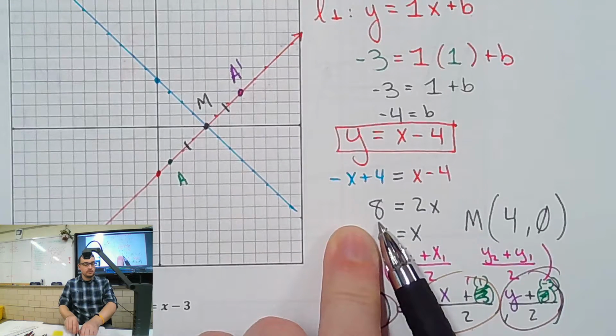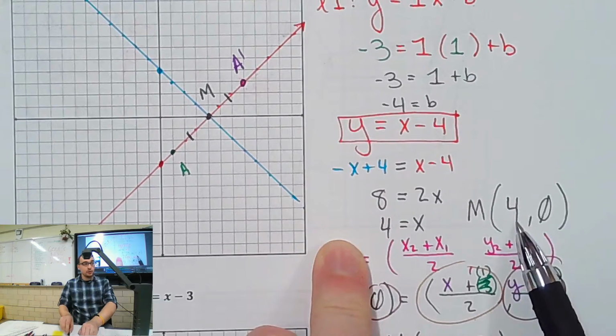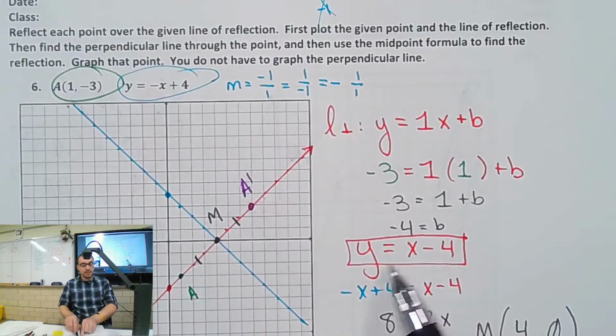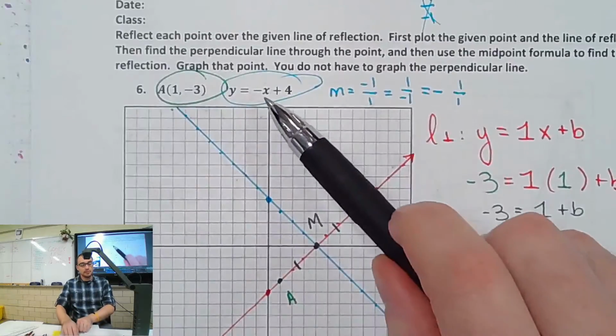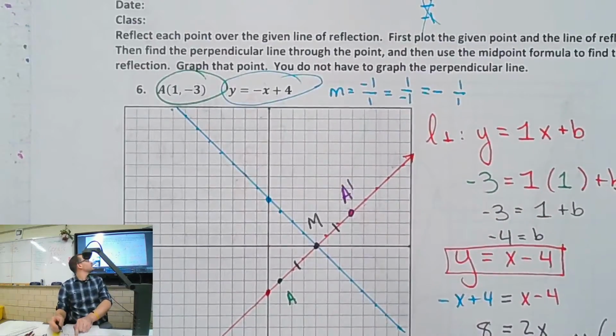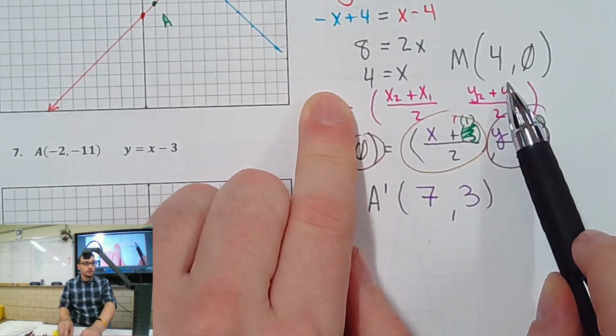I'm going to divide by 2 and get 4. So I know they intersect at 4 comma something. I take that 4 and plug it into either equation to figure out what y is, because if I know what x is, I can get y. So I plug in 4 here. 4 minus 4 is 0. So they intersect at 4, 0. You could have plugged it in the top: negative 4 plus 4 is still 0. So that's where they intersect. Are we good up to there?